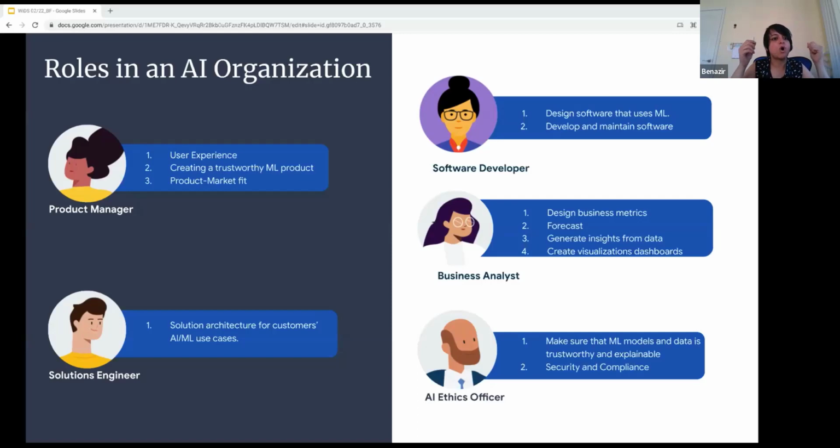You can use tools such as AutoML or pre-trained ML APIs, or, for example, Google's product BigQuery, which a lot of business analysts use to write SQL queries. Using that exact same interface, with BigQuery ML, you can do machine learning on that data. So if you're a data analyst, you can learn how to do BQML. It's in SQL, but if you understand how to do that, that's another role in AI organizations. You'd be an AI business analyst, or whatever you call it, in an AI organization.